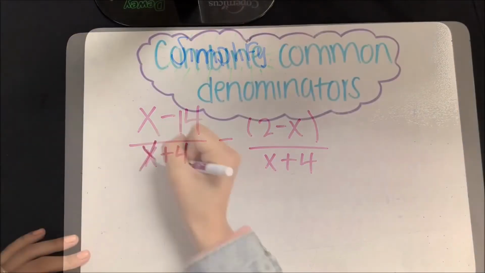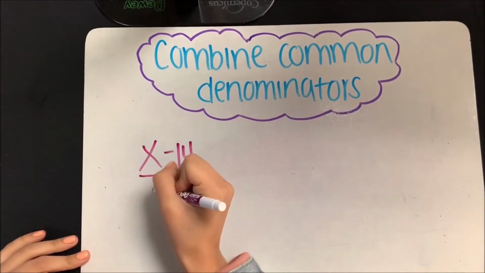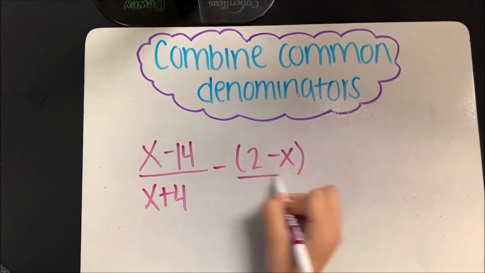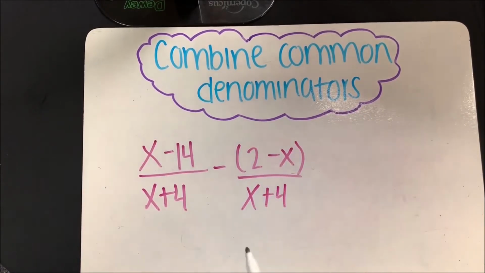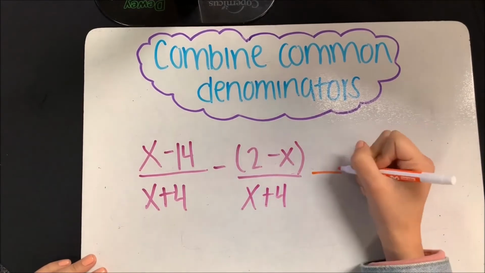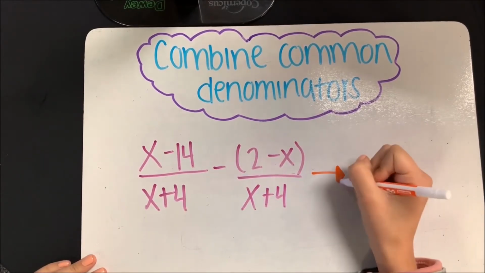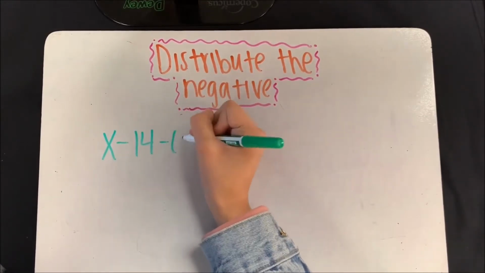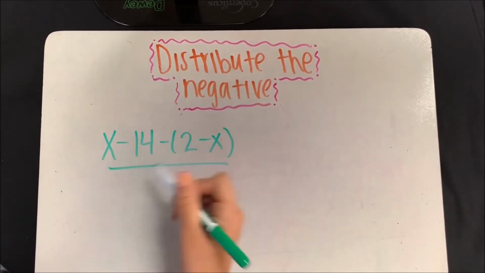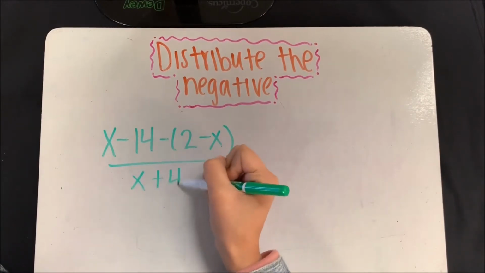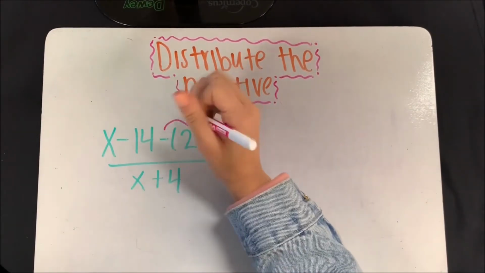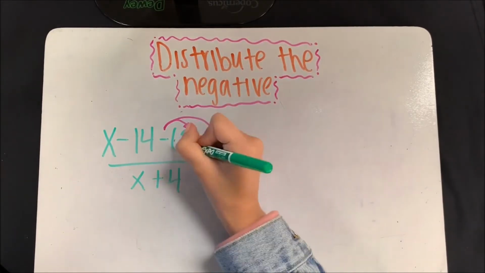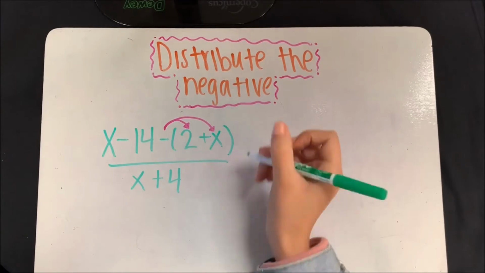So my problem is x minus 14 over x plus 4, minus 2 minus x over x plus 4. First, we have to combine all the common denominators, so we'll get x minus 14 minus 2 minus x over just x plus 4. Then we'll distribute the negative and we'll get x minus 14 minus 2 plus x over x plus 4.